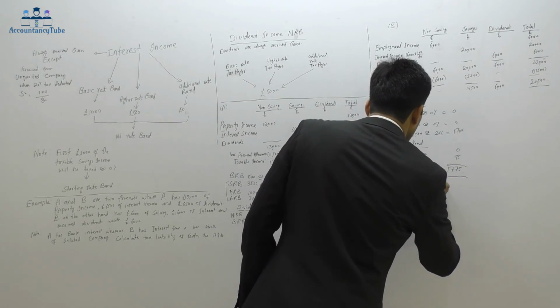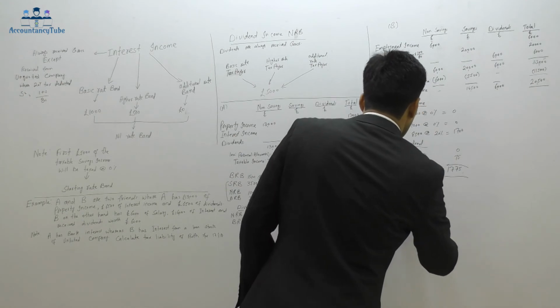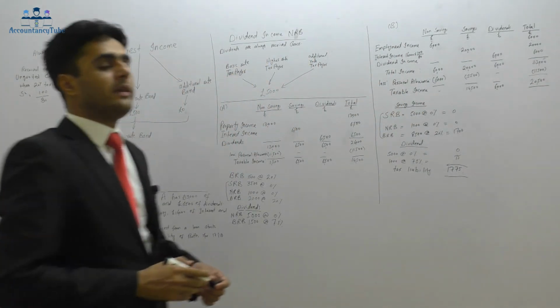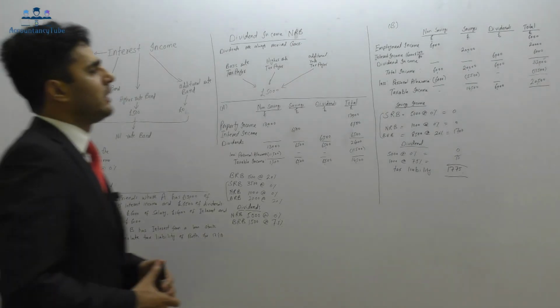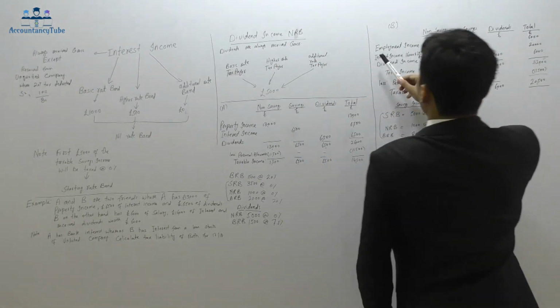Now before paying to HMRC, we know in the income tax pro forma we have to do some deductions. Now we haven't got any investment in VCT or EIS or SEIS, which are tax reducers. However, we got some tax deducted at source, right? Remember that there was this bit here, interest income.